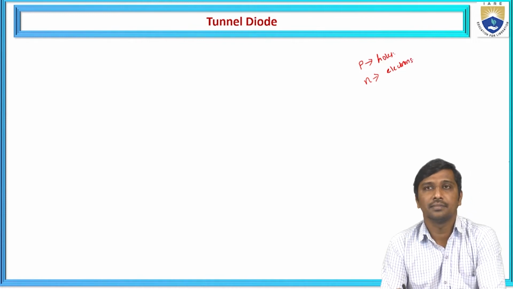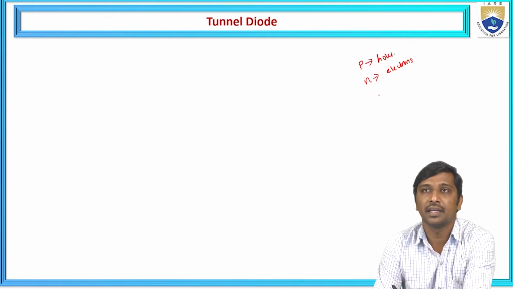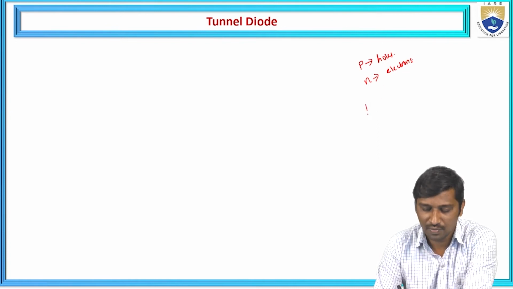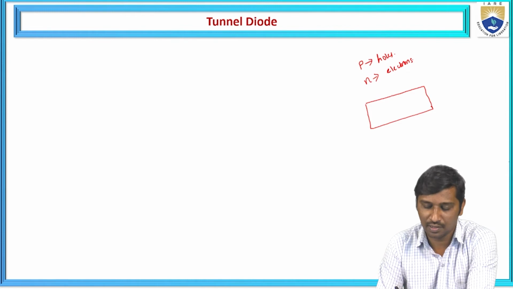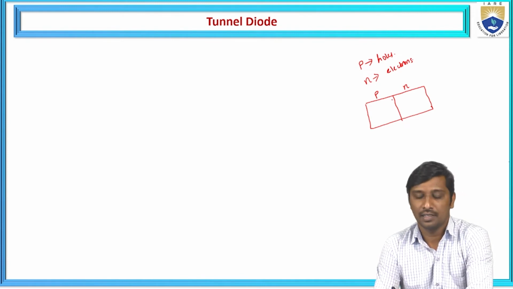Let us consider a normal semiconductor which is doped with P-type material on one half and N-type material on the other half.